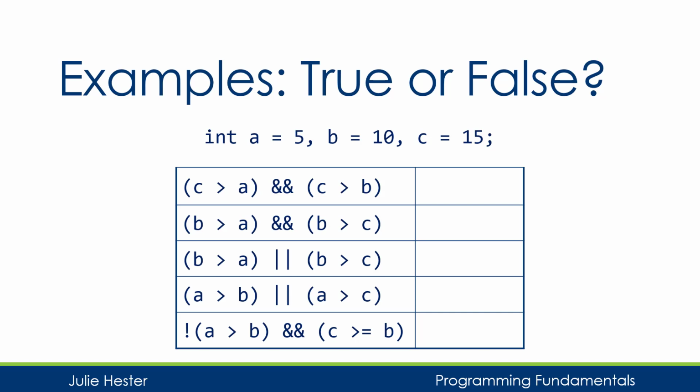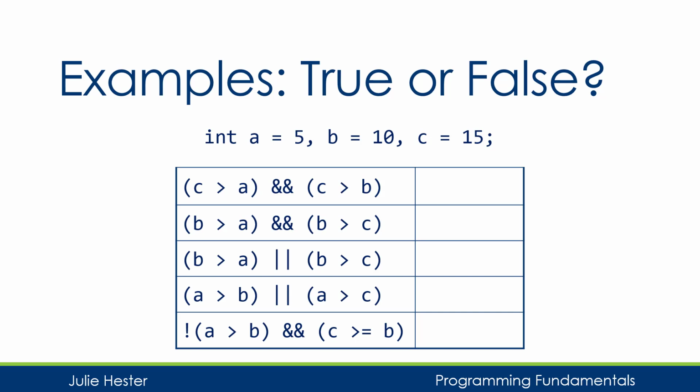Now, if we take that same expression and we use an or symbol instead of an and symbol, b greater than a was true, b greater than c was false, I'm going to have true or false, and the overall expression will be true. In the fourth example, I can compare a to b and a to c.